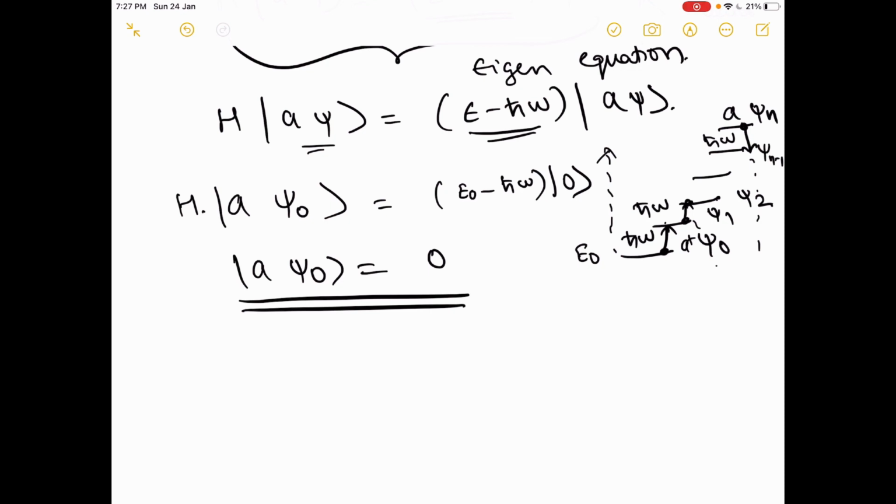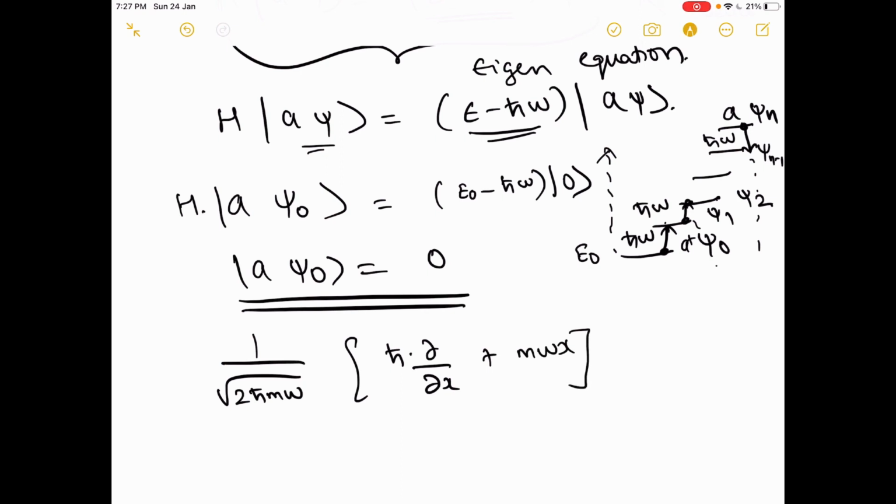So now I know the A operator, which is 1 by root 2 h bar m omega times (h bar dou by dou x, this is iP, plus m omega x). Acting on psi naught it should give 0, because psi naught is the ground state, and this is the definition of A, right?